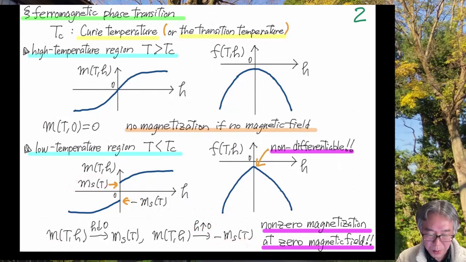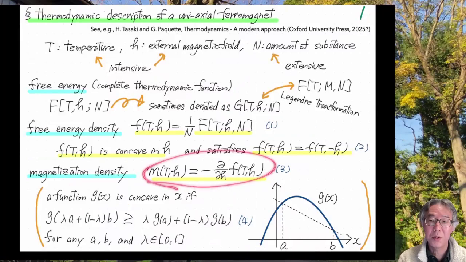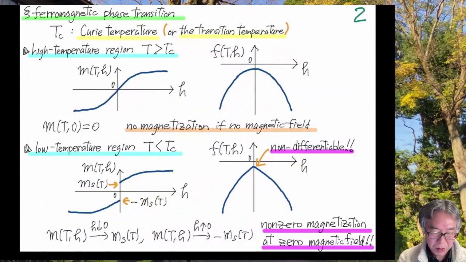Correspondingly, this free energy density shows a weird behavior. Here is a jump in this derivative. You recall m was a derivative of f with respect to H. Since there was a jump in m, this means that f is non-differentiable here. Physically speaking, this means that you have non-zero magnetization even at zero magnetic field.